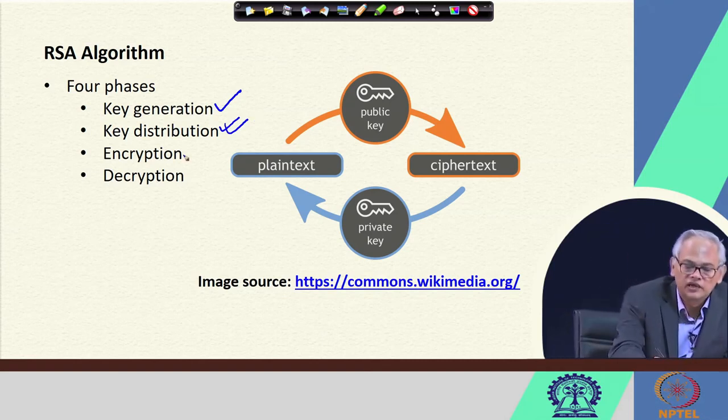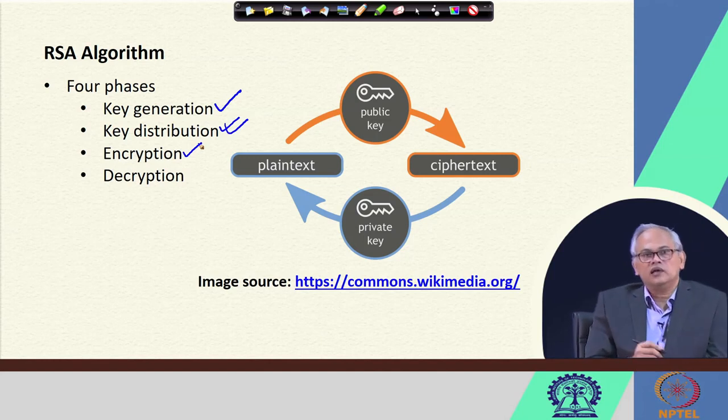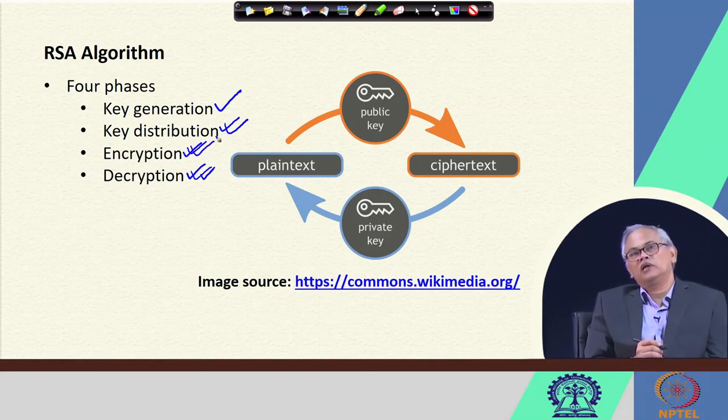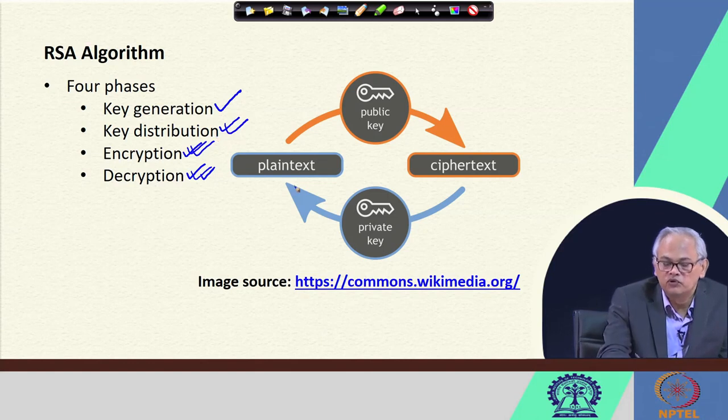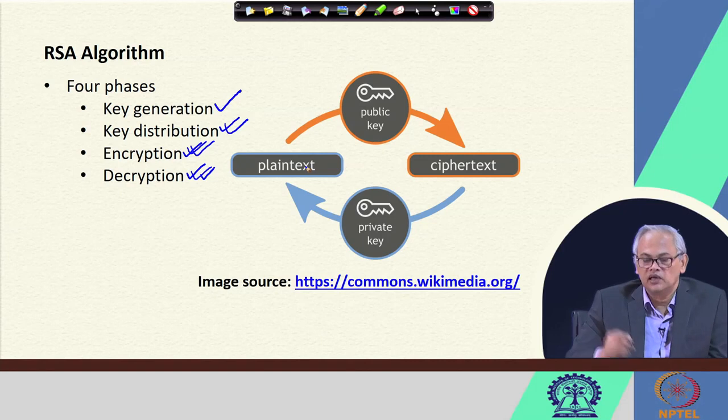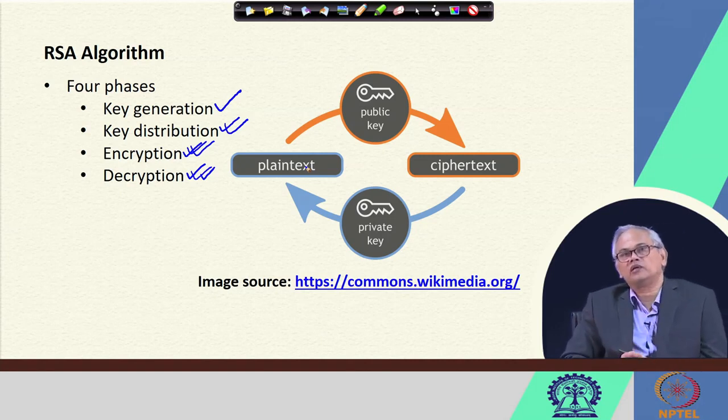Then of course, encryption of the data while sending, and the recipient will receive the data by doing the decryption with the private key. So, as we have seen before, from plain text by applying the public key we get the ciphertext, and from ciphertext by applying the private key we get the plain text.